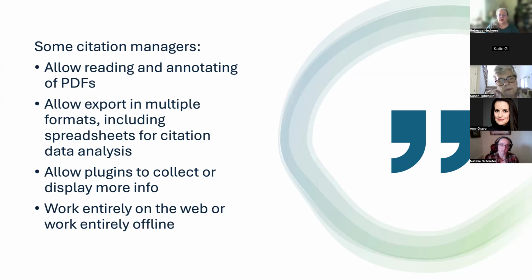And so it's not just how many times was this cited, but was it cited positively, negatively, or neutrally? And in Zotero, at least, you can get a plugin that will display the little Scite info box for each citation. So you can see how often it's cited and at least generally what context.